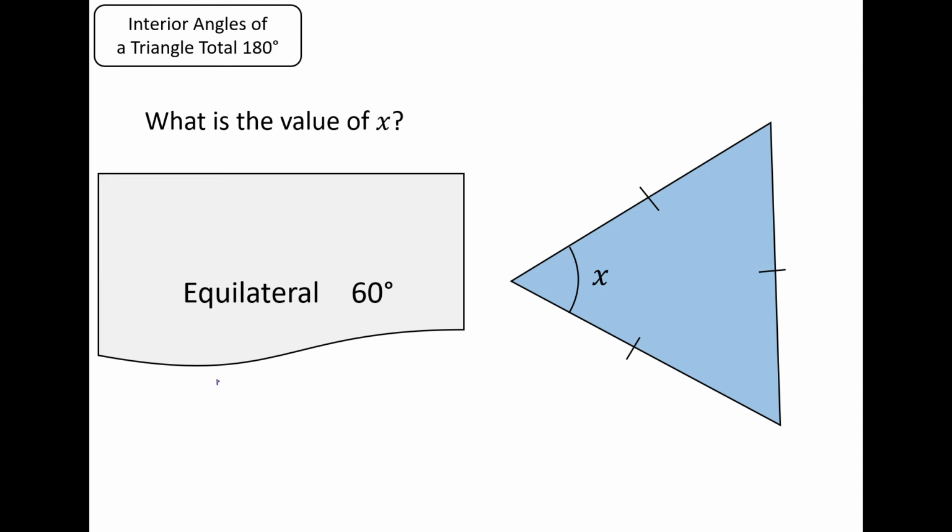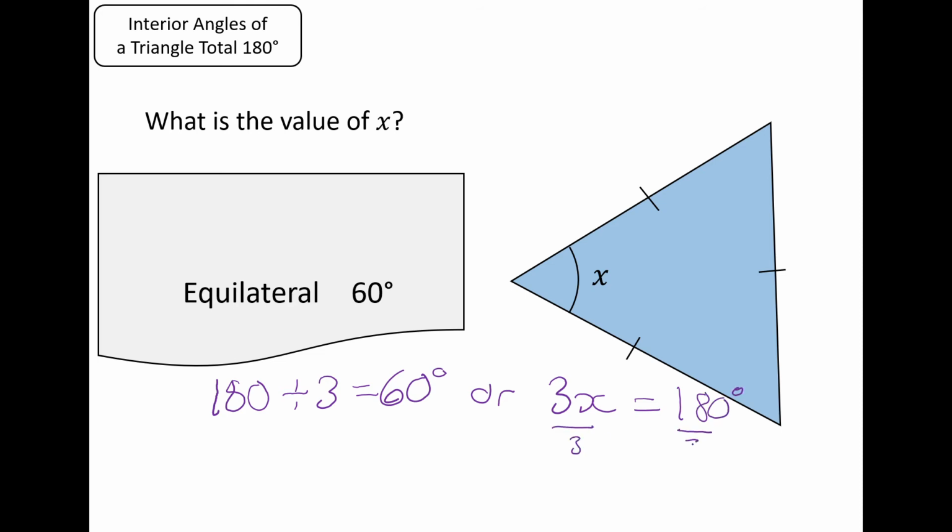Because we know angles in a triangle have to add up to 180, we can do 180 divided by 3 to give us our 60 degrees. Or for some of you that want to set it up algebraically, we can do 3x is equal to 180 degrees, divide each side by 3, and then x is equal to 60 degrees.